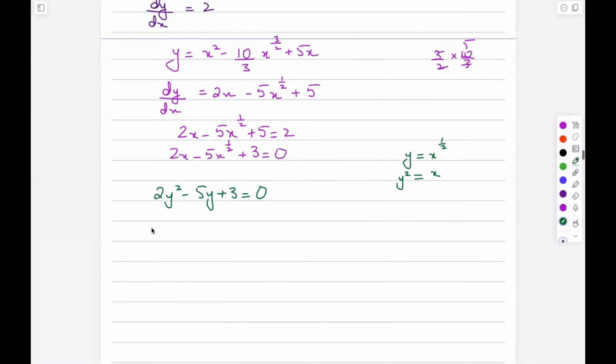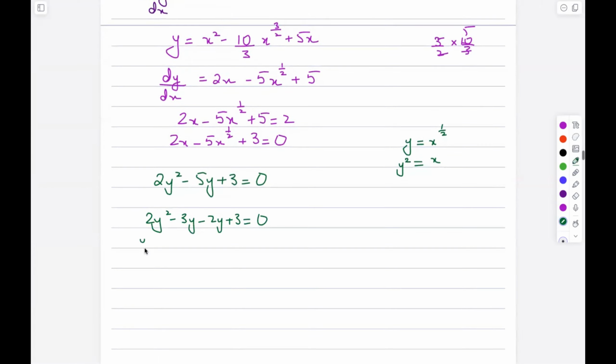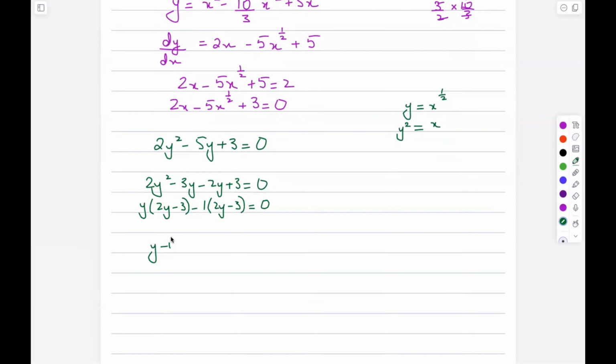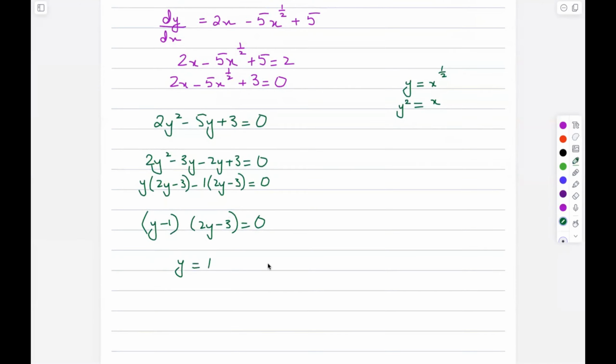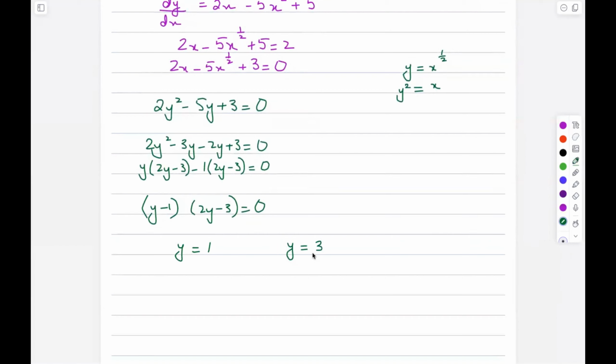So factorizing this, we'll get 2y squared minus 3y minus 2y plus 3 equals 0. Taking y common, this will become y(2y minus 3), and taking minus 1 common over here, we'll get minus 1(2y minus 3) equals 0. Simplifying, we'll get y minus 1 and 2y minus 3 equals 0. So the value of y will be y equals 1 and y equals positive 3 upon 2.